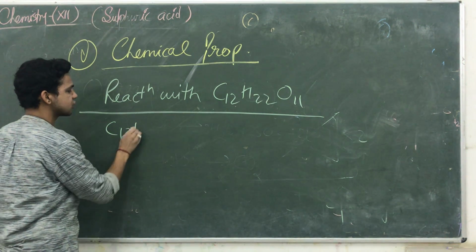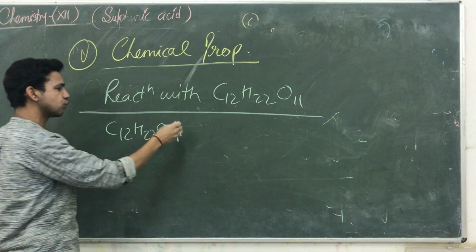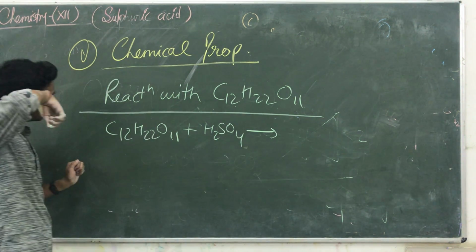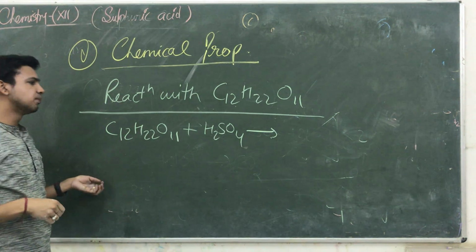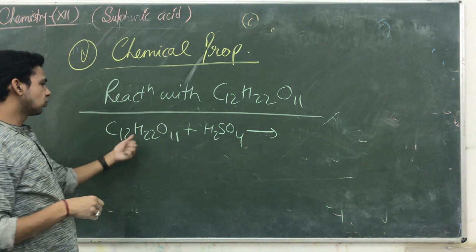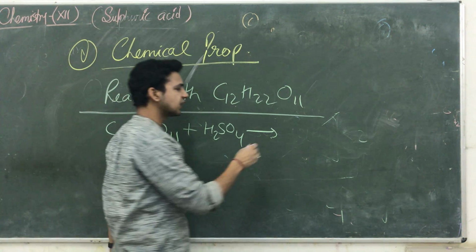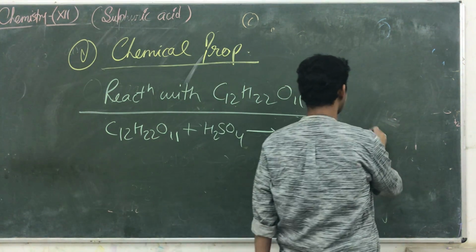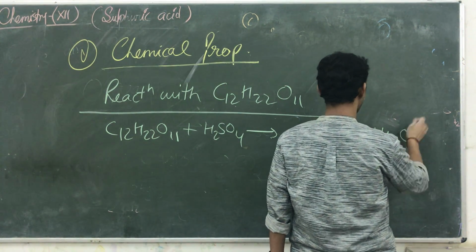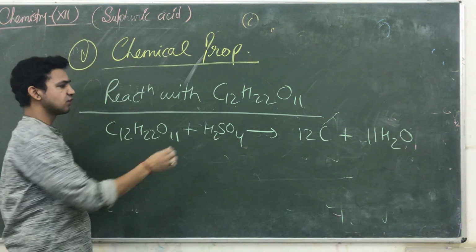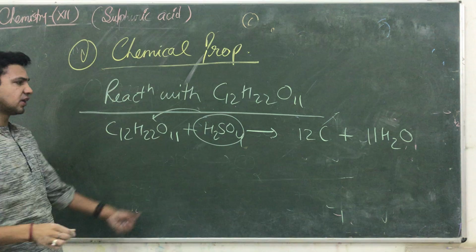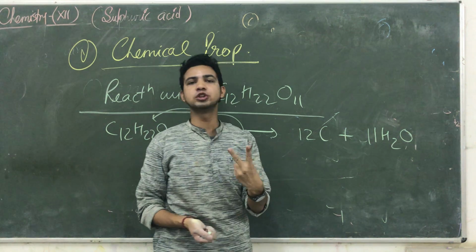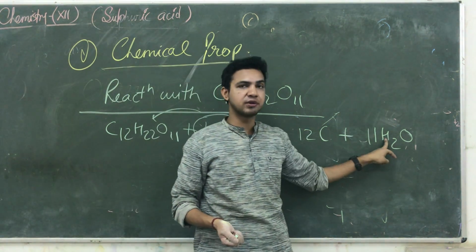So when the C12H22O11 reacts with a few amount of H2SO4, okay, they give you a very important compound here. जब हम इसको सल्फ्यूरिक एसिड से ट्रीट करेंगे तो जनरली they give you 12 molecules of carbon and the another molecule is 11H2O. अगर इसमें जरा सा भी सल्फ्यूरिक एसिड डालते हैं तो इस पे ऐड करने पे ही आपको 12 कार्बन और 11 H2O देता है. तो इसका मतलब जो ग्लूकोज था या सुक्रोज था वो किन दो चीजों से मिलकर बना था? कार्बन और हाइड्रेट मतलब वाटर से.